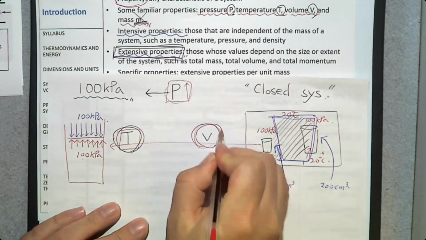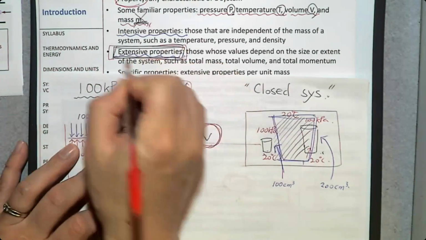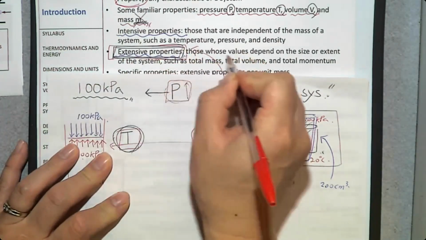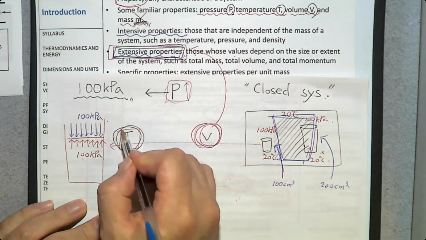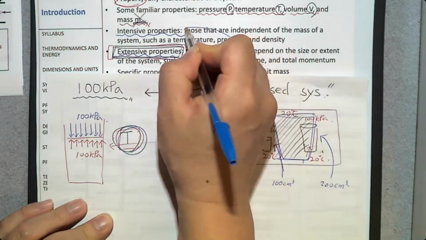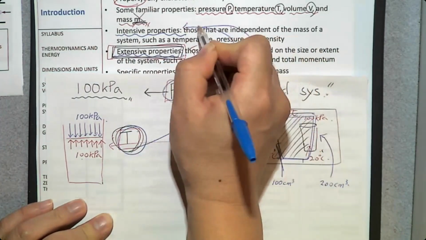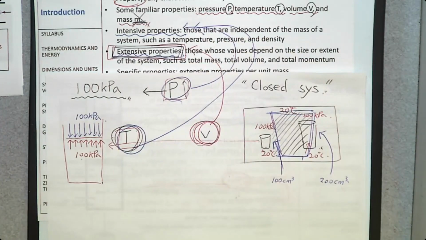So volume is an example of an extensive property, those whose values depend on the size. On the other hand, temperature and pressure are examples of intensive properties, those that are independent of the mass of a system. So when you do a thermodynamic analysis, you do not want to use extensive properties.